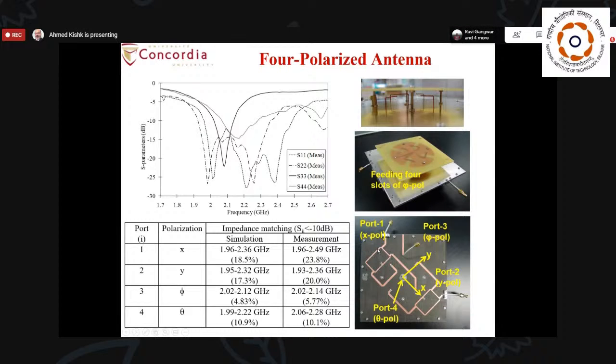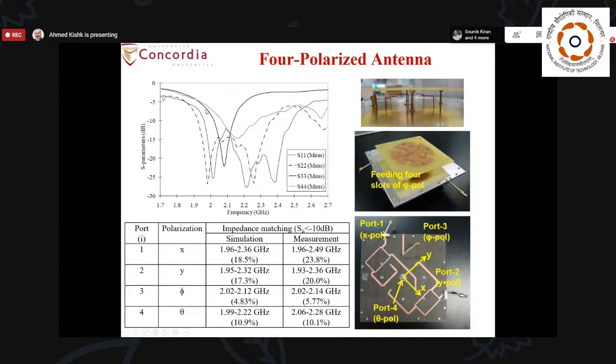Here we have a hybrid coupler acting as a power divider that can give us this 90 degrees plus another delay of 180 degrees. So I get the differential feeding for both of them. And here I excite the theta polarization by the coaxial line, as we can see. And by this, I have 4 different polarizations.